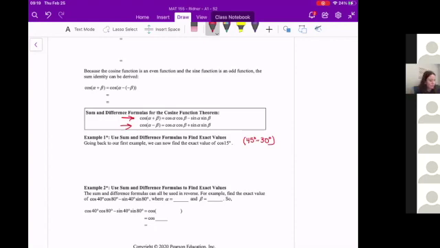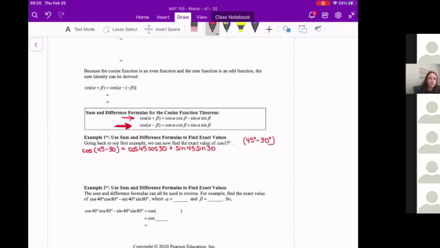And so it is subtraction, so I'm going to use this one right here. So cosine 45 minus 30 equals cosine 45 times cosine 30 plus sine 45 sine 30.